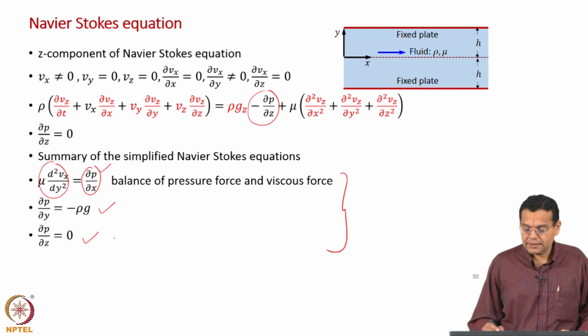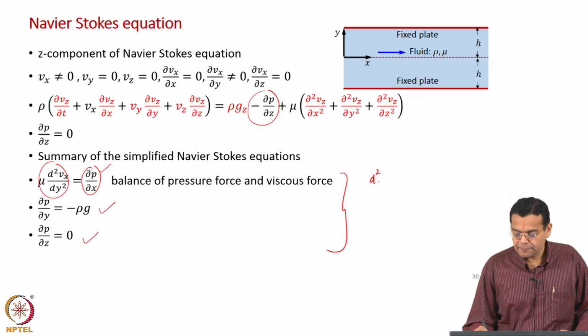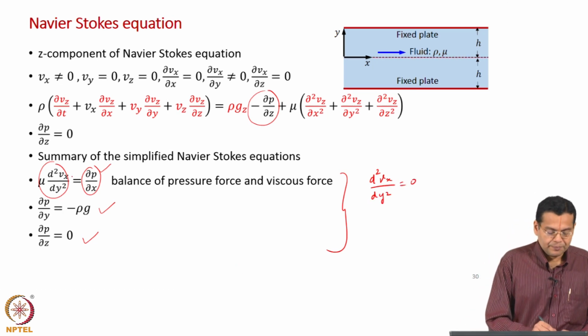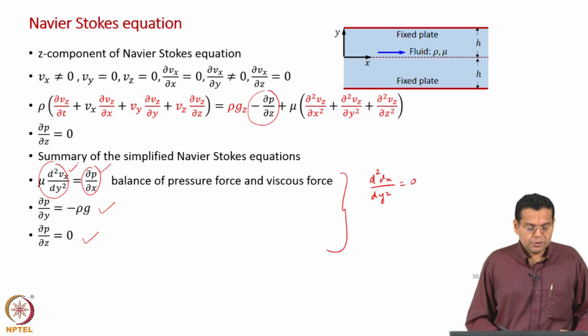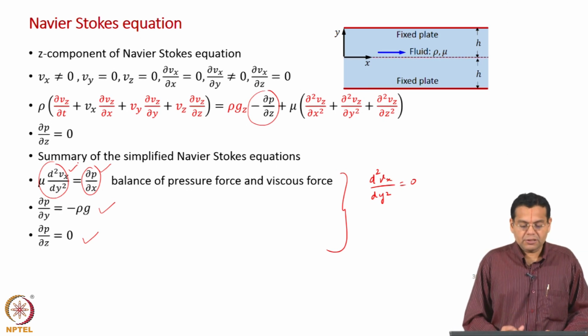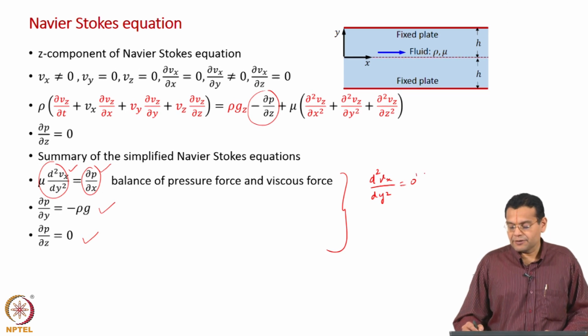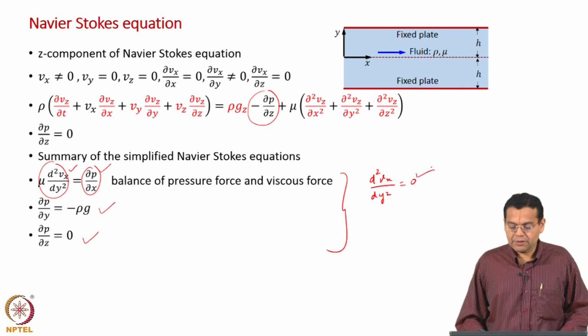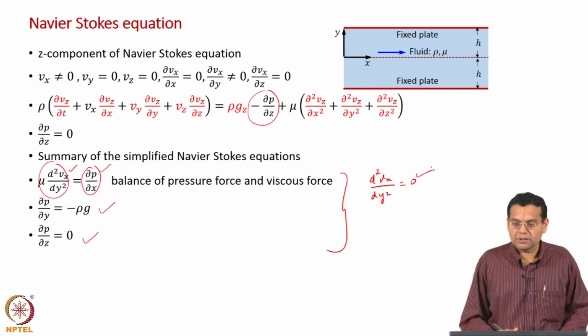In the earlier case we had d²Vx/dy² is equal to 0. In this case now we have mu d²Vx/dy² is equal to ∂p/∂x. Okay. So, because we have an applied pressure gradient and that is non-zero, our equation is slightly different from the previous case. It was just the second derivative was equal to 0, but now it is non-zero. Okay.